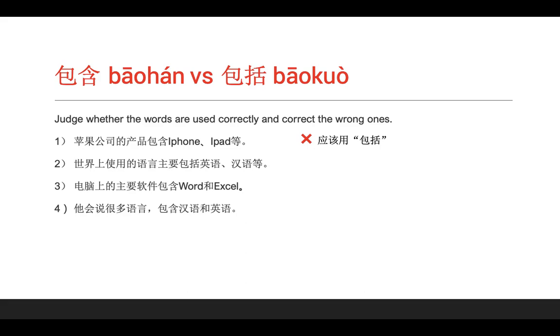The second one, 世界上使用的语言主要包括英语、汉语等。So the languages we use in the world nowadays, including mainly English and Chinese. Is it correct?